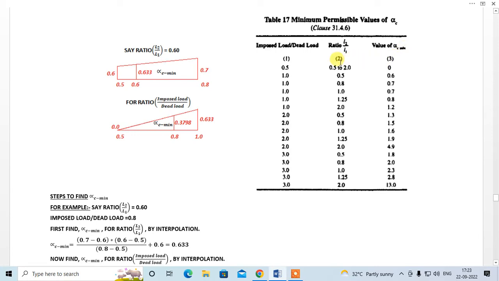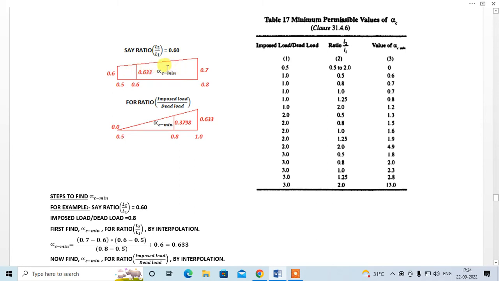First we will do the interpolation for this. 0.6 falls between these two: for 0.5 it is 0.6, for 0.8 it is 0.7. You can find through interpolation that alpha c minimum is 0.633.